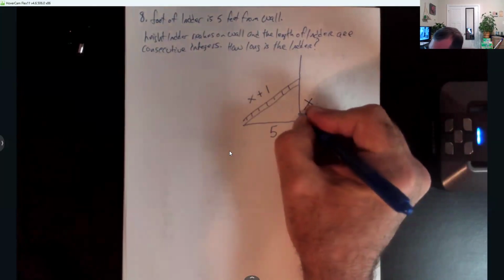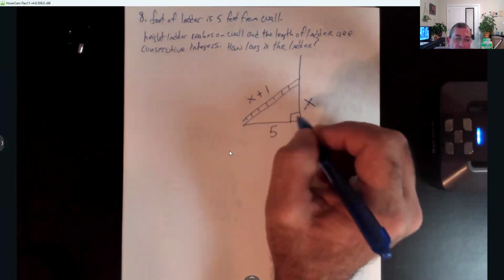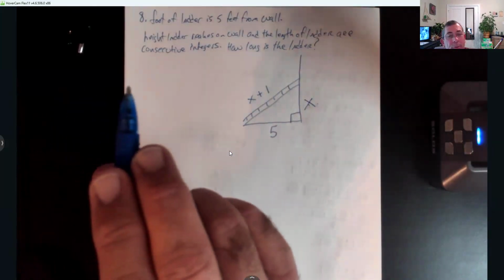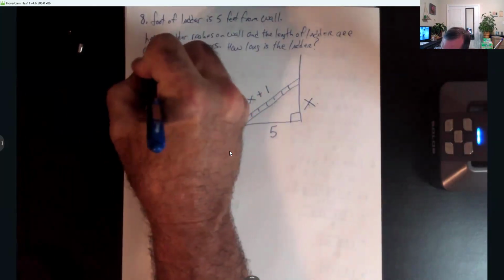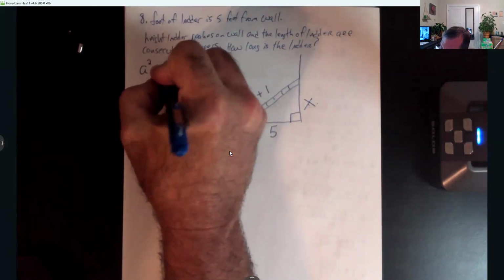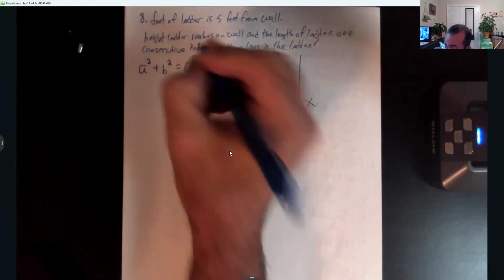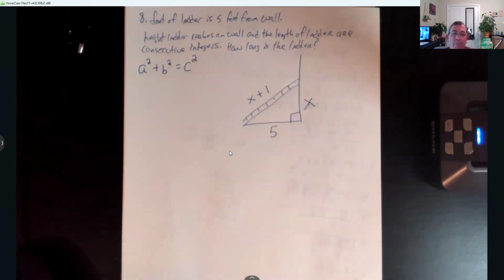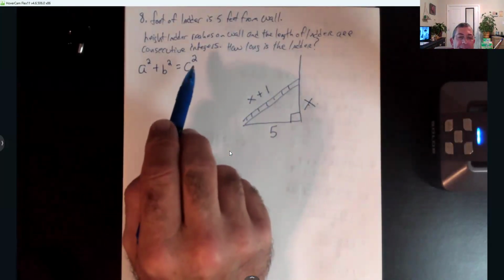Okay, so y'all, I've got a right triangle. To solve this right triangle, we're going to use our Pythagorean theorem that says a squared plus b squared equals c squared. So which of these 3 sides has to be my c?